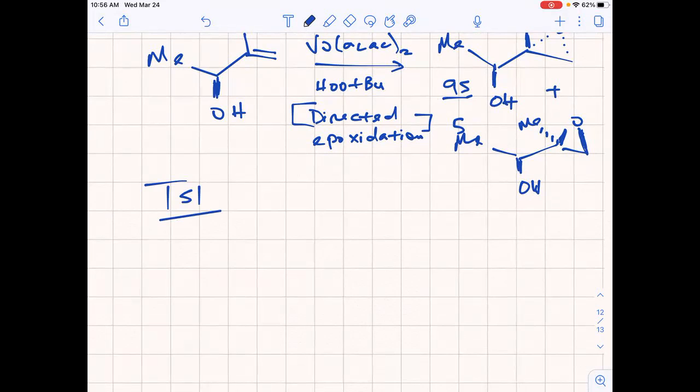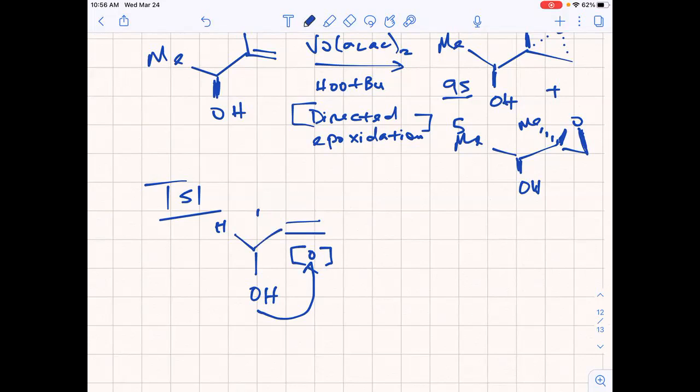All right, so here is your conformer where the OH is here, and it's going to direct the oxidizing agent from the bottom face. Let me hold on 1 second. Let me put the other group in first.